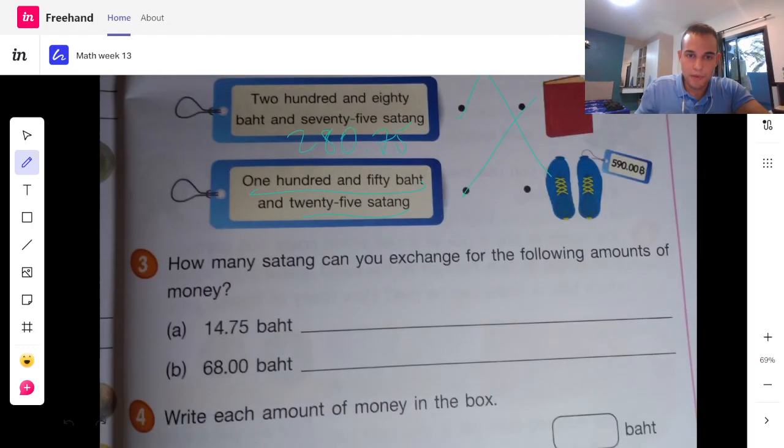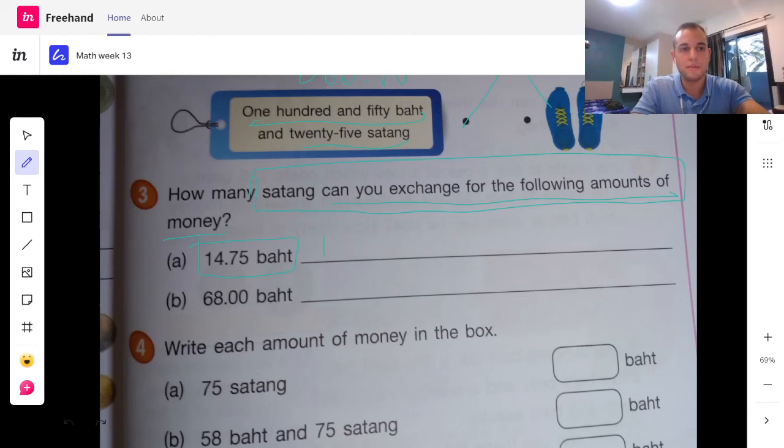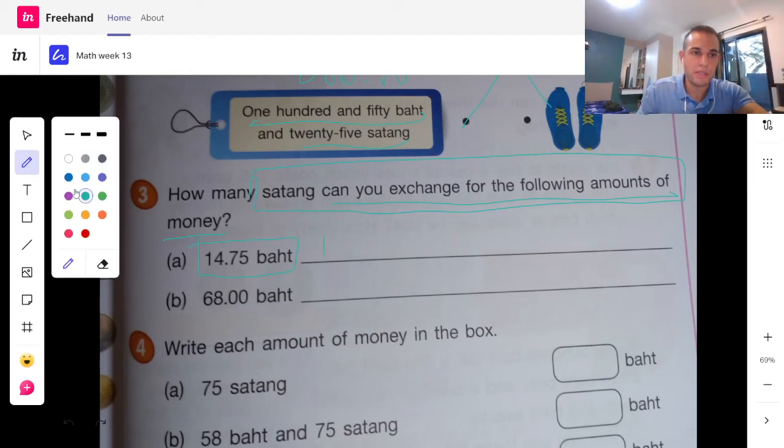Okay. All right, next we have, how many satang can you exchange for the following amounts of money? All right, so this means we are converting 1475 baht to satang. So that means if 1 baht equals 100, so let me change the color so we can read it.